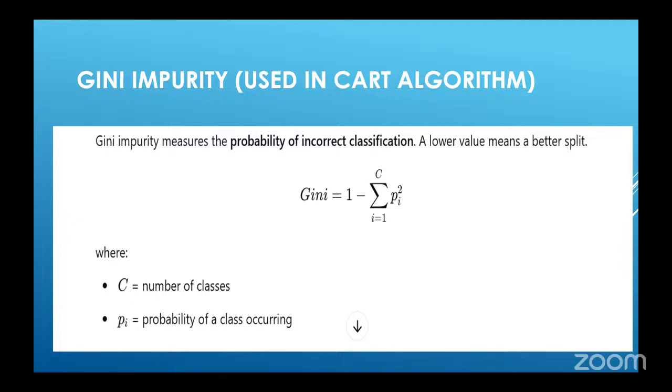You know about probability? It comes under the math subject. Okay, not going to explain that now. Here we are going to find the probability of incorrect measurements, incorrect classification.